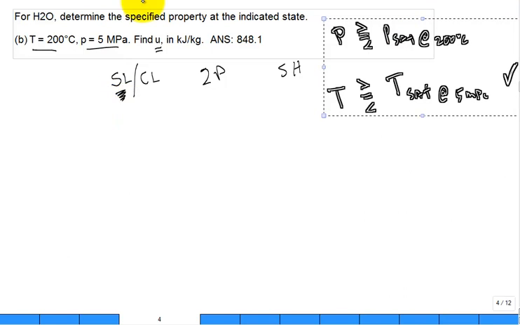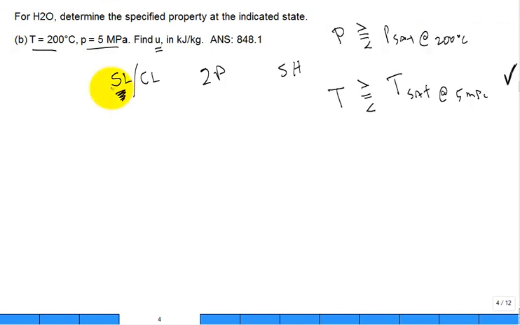What does it mean when it's subcooled liquid? Well, the actual temperature is less than the saturation temperature at that pressure. How about two-phase? Well, the actual temperature is equal to the saturation temperature at that pressure. And in superheated, the temperature is greater than the saturation temperature at that pressure.